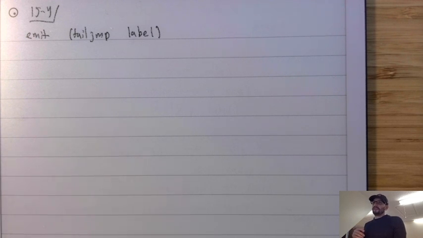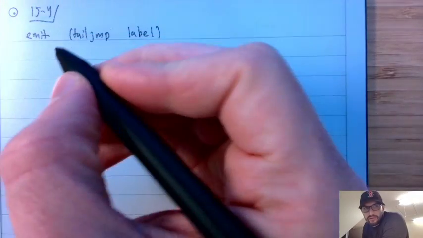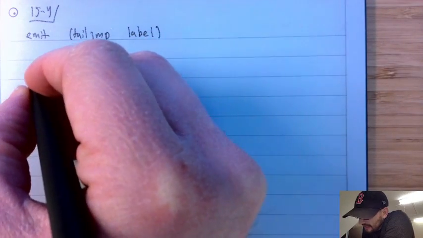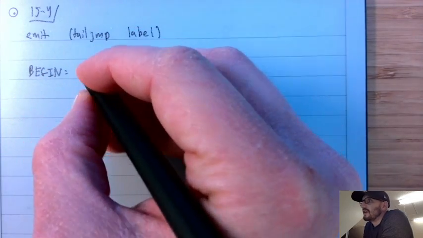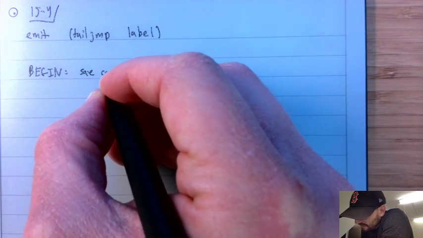And the way that we do that is, let's think about the way that programs and functions start. They start off by saying, first there's begin, and what it does is we save the callee save registers.